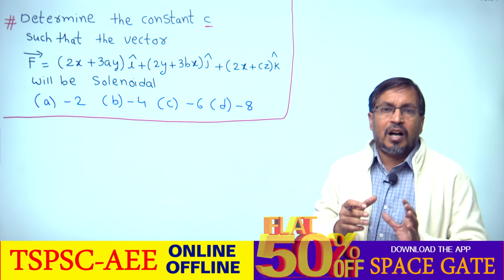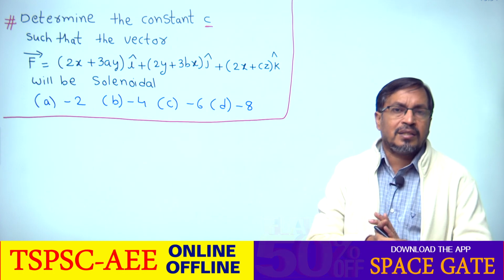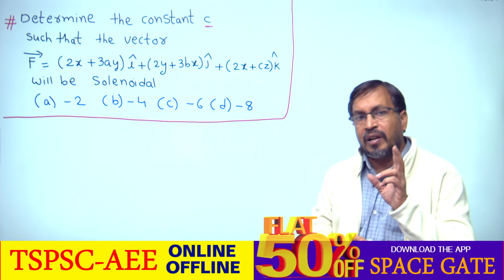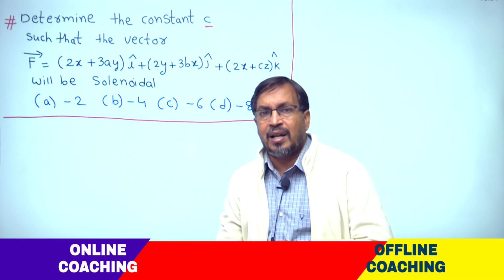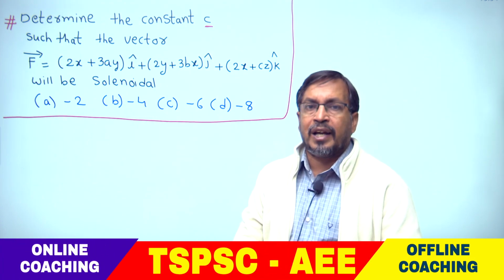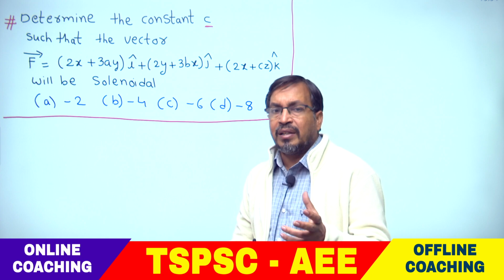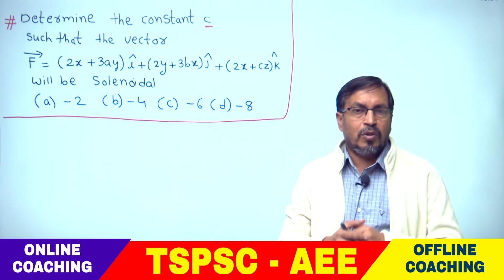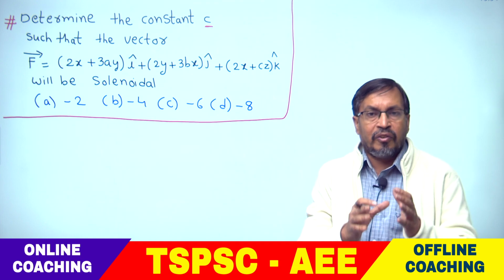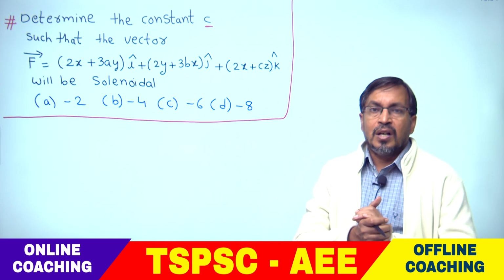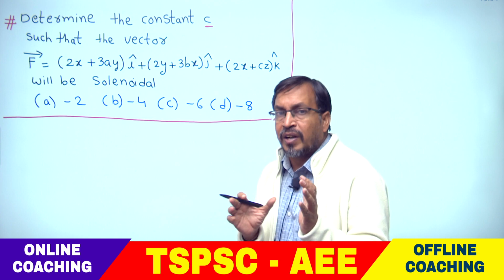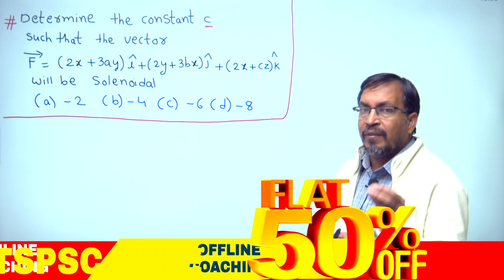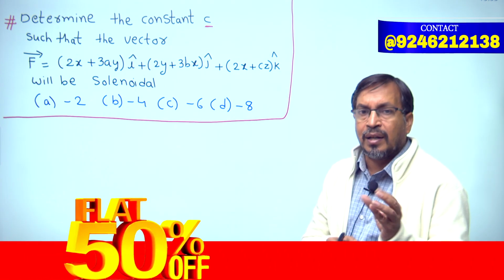Most of the competitive exams ask two different types of applications in vector analysis. They sometimes ask whether the given vector or field is solenoidal or irrotational. Most of the questions come from these topics. Here I am explaining the first topic, that is, whether the given vector is solenoidal or not.